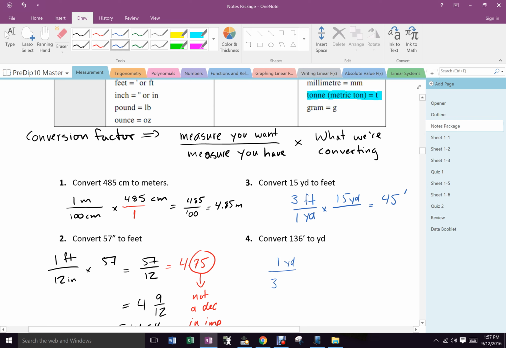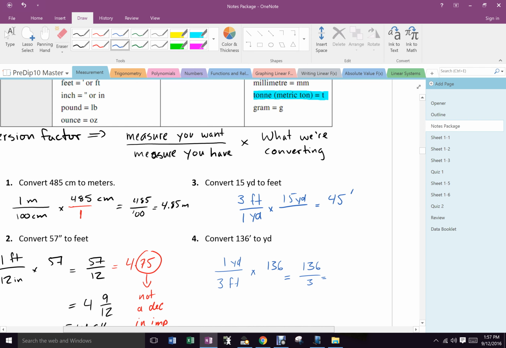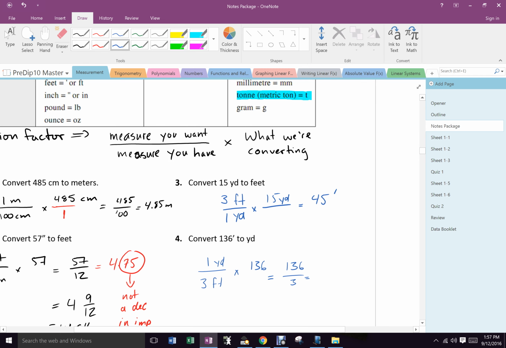I have feet, 3 feet. And I'm multiplying by 136. So it becomes 136 over 3. So it becomes what? When you go to your calculator? 136 divided by 3, which is 45 on your calculator, 0.33 repeating.